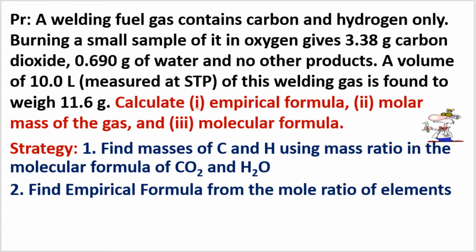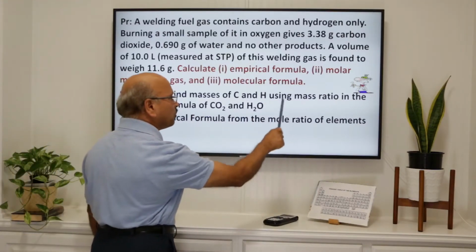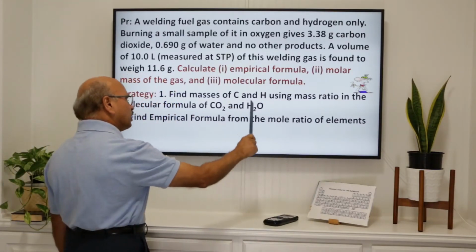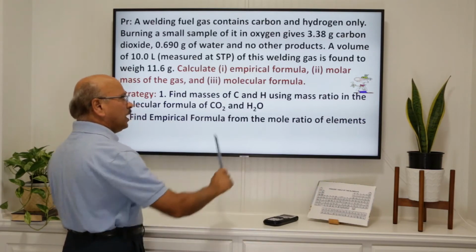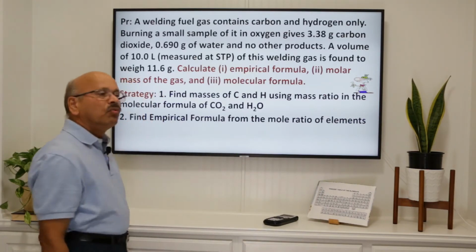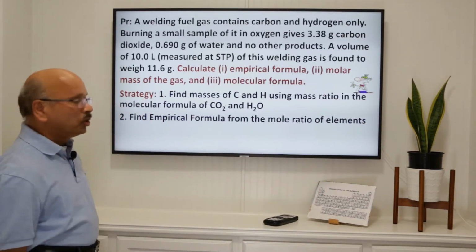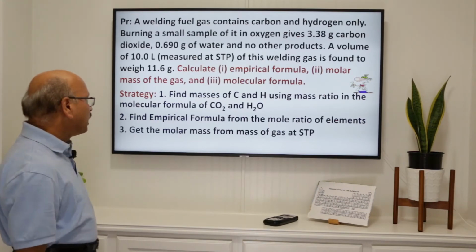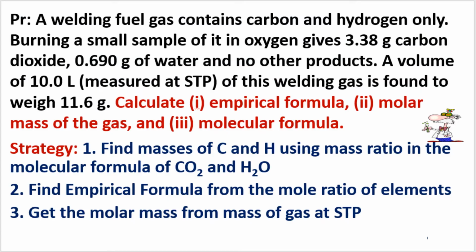Second, find the empirical formula from the mole ratio of elements, which you have already seen. If you know the masses of the elements, you find the moles, and then find the mole ratio, which gives you what? The empirical formula.